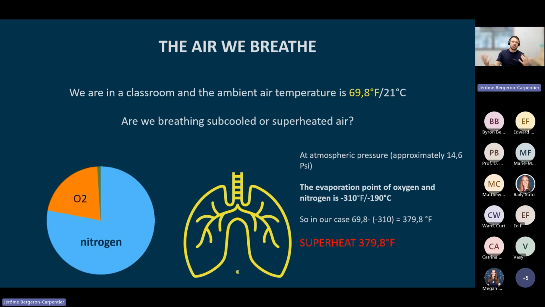The evaporation point of oxygen at that atmospheric pressure is going to be minus 310 degrees Fahrenheit or minus 190 degrees Celsius.